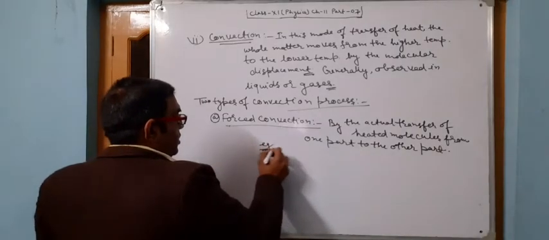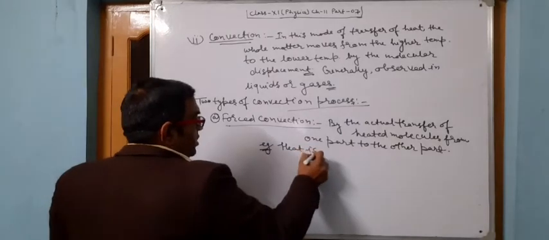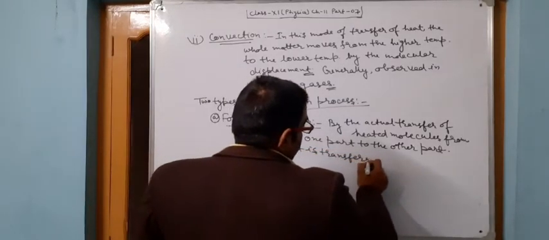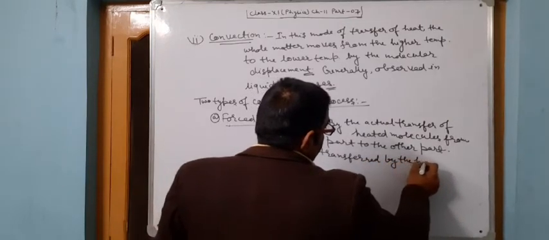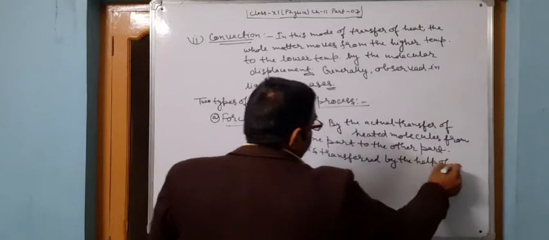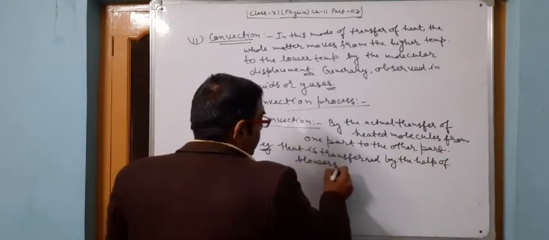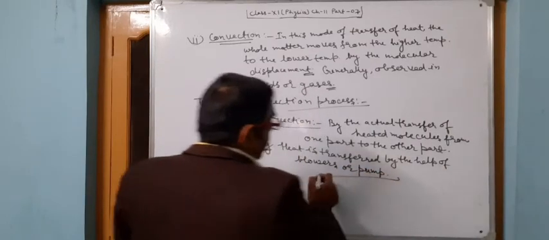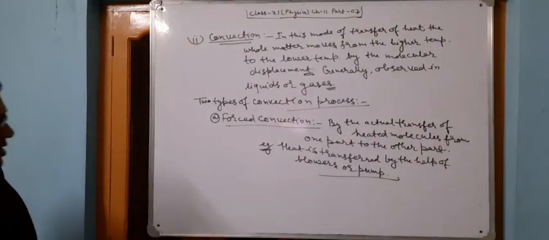Example: heat is transferred by the help of blowers or pump. If by the help of blower or pump heat is transferred, then this is called as forced convection.